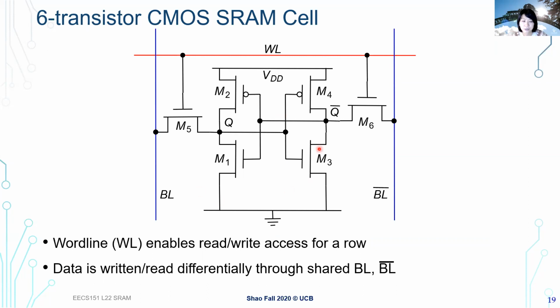So those are the different transistors in our SRAM cell. Let's see how we can perform read and write using those 4 transistors that form the inverters, and also those 2 access transistors that are visible externally, so that we can modulate the states inside, either for Q or Q bar here.